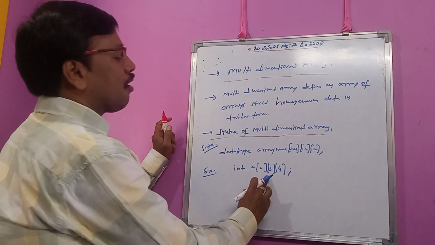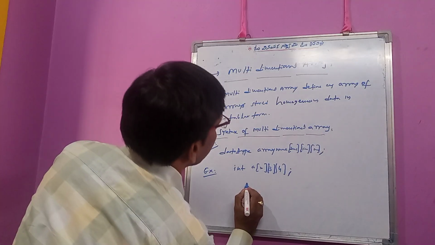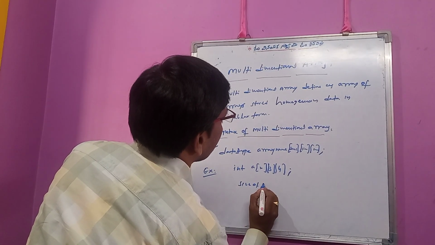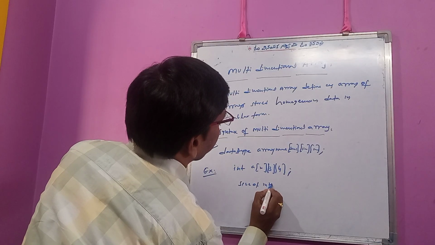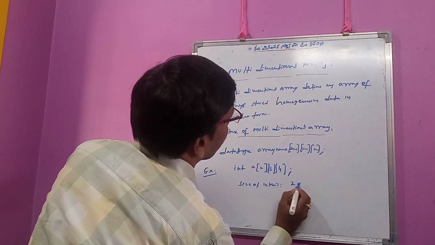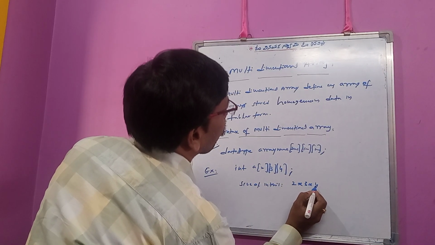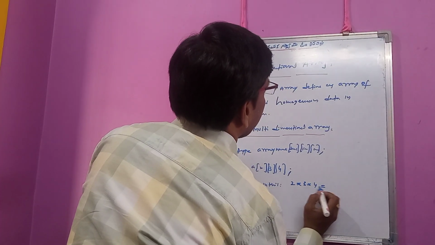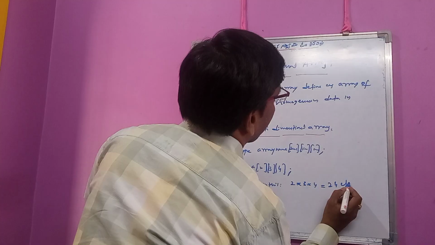The size of this one, 2 into 3 into 4, is totally 24 elements.